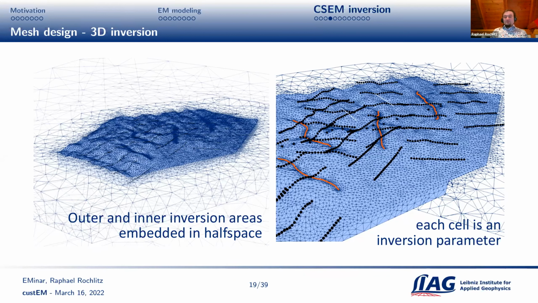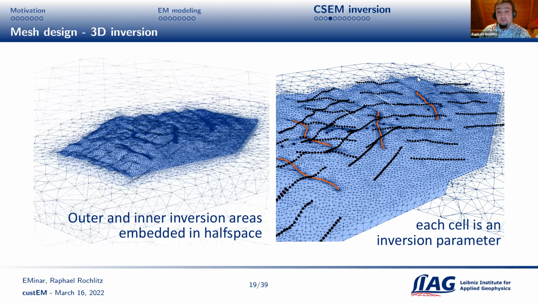So our inversion model has as many model parameters as there are cells in this inner domain, and around the inner domain, shown in the less transparent edges here, an outer inversion domain to let the conductivities fade out until they reach the half-space model. We tested some things, and this is a quite reasonable setup for discretizing our inversion mesh.